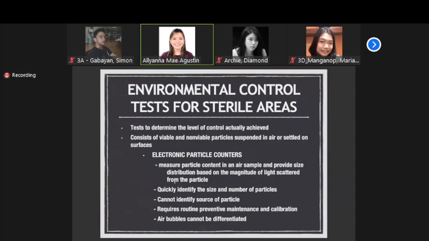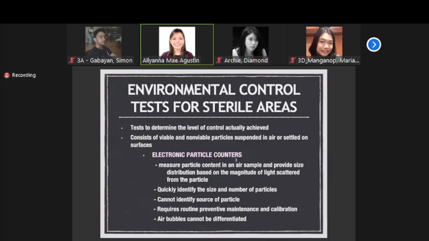So to control that, we use your electronic particle counter. So ang nangyayari, class, isasample mo yung air, tapos titingnan mo or ipapakount mo sa electronic particle counter kung ilang particles ang suspended sa air. Meron tayong limitation dyan para masabi mong clean ang room or clean room, or sterile area. So, ayan.